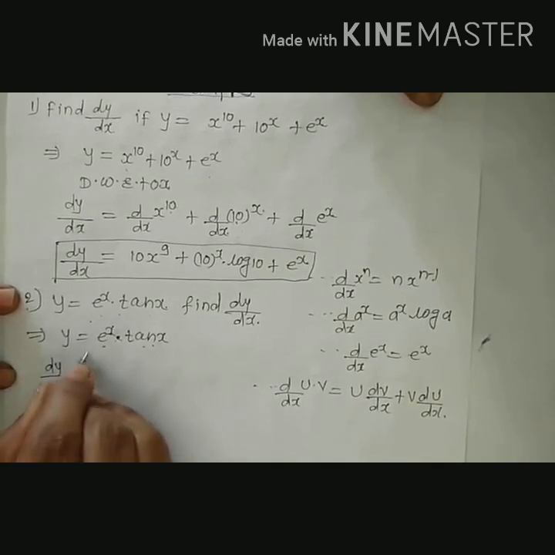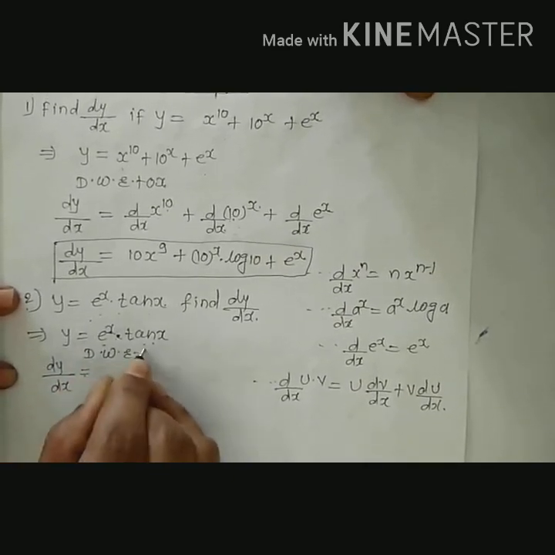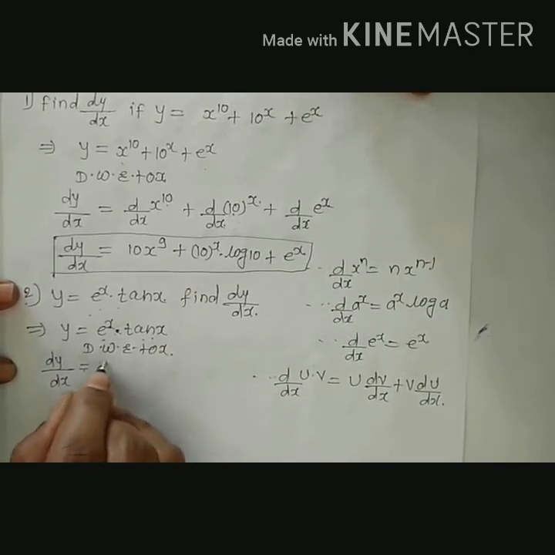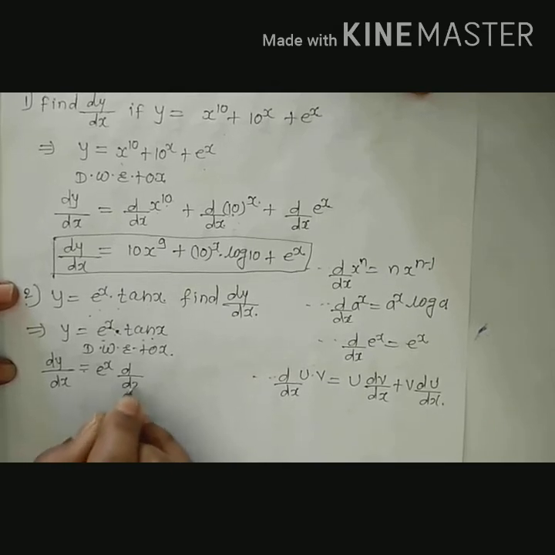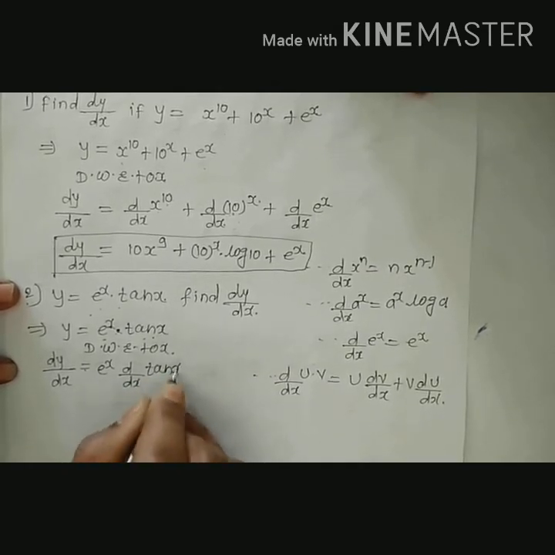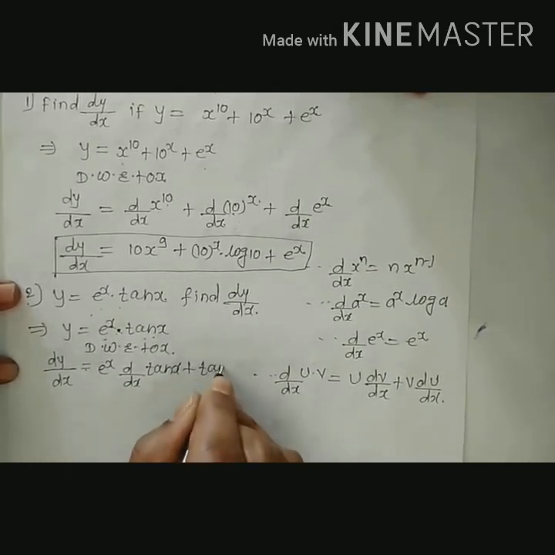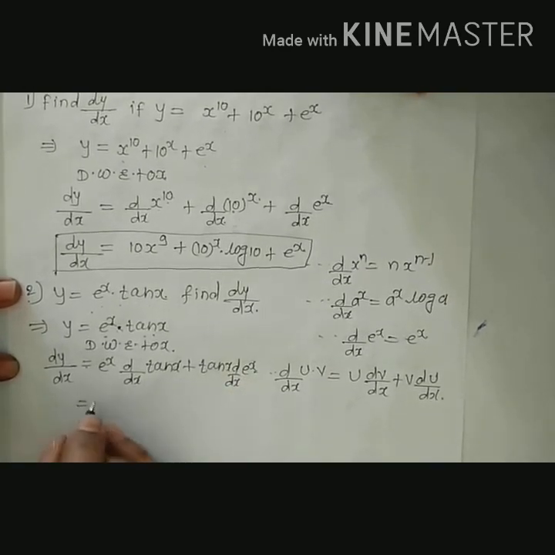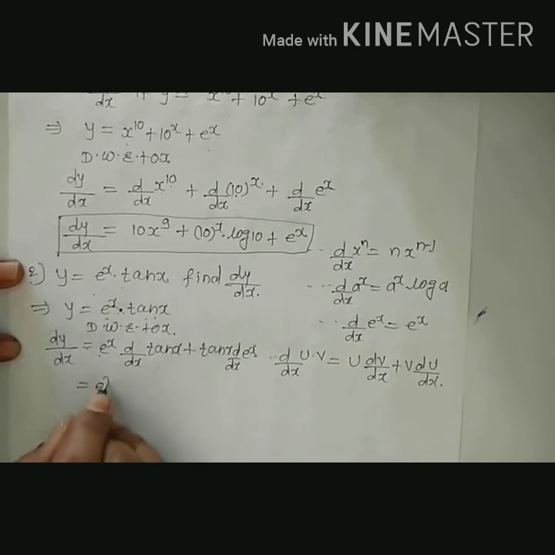Therefore, differentiate with respect to x using the product rule: e raised to x as it is and the derivative of tan x, plus tan x as it is and the derivative of e raised to x. Here there is no derivative, therefore write as it is e raised to x.